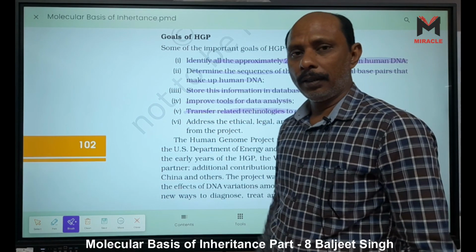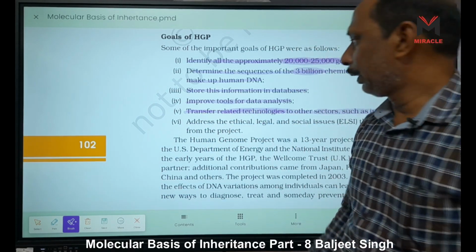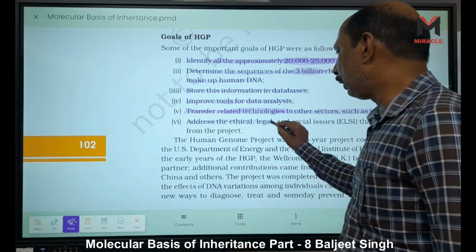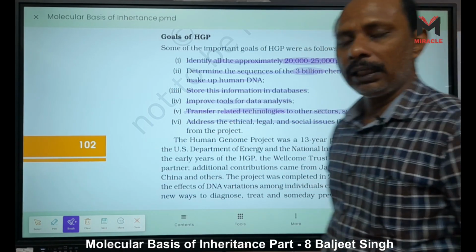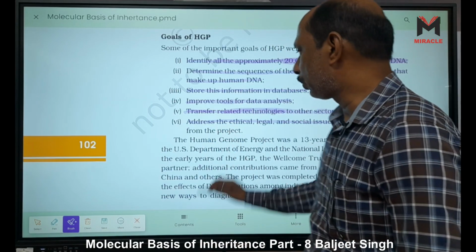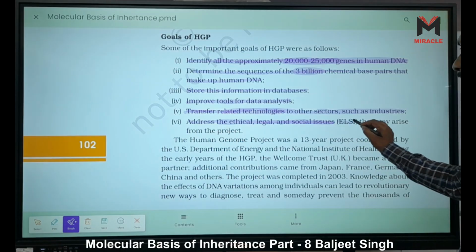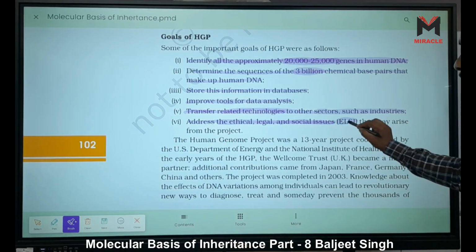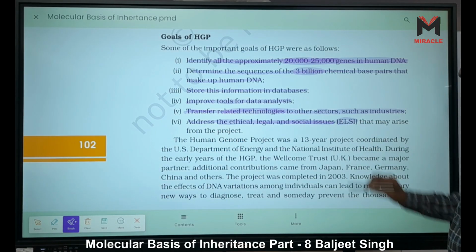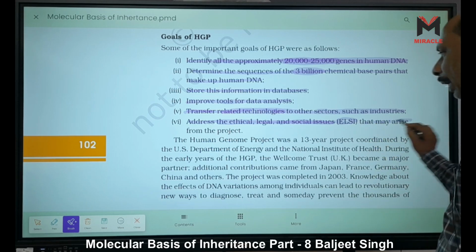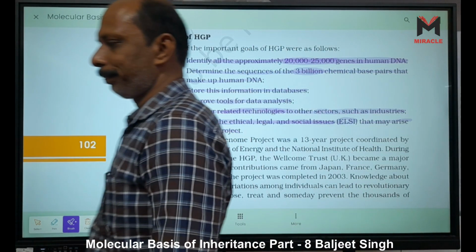And last, because some social issues come up, address the ethical, legal and social issues. In short form we call them ELSI: E for ethical, L for legal, S for social, I for issues that may arise from the project.